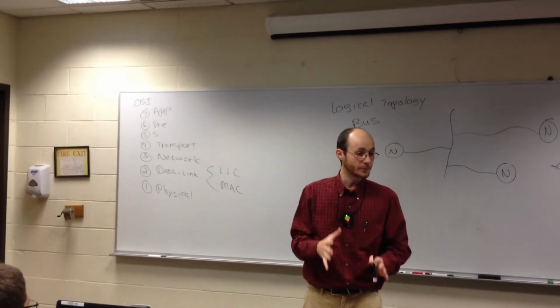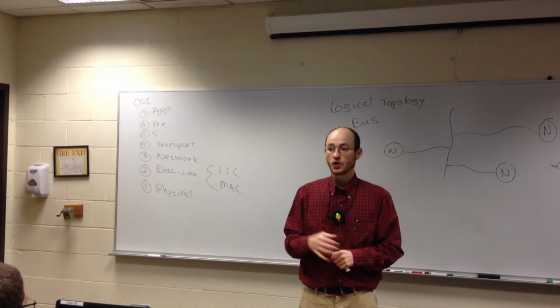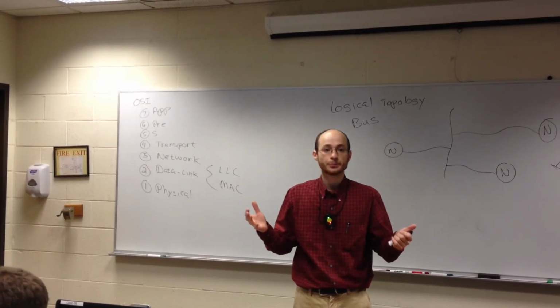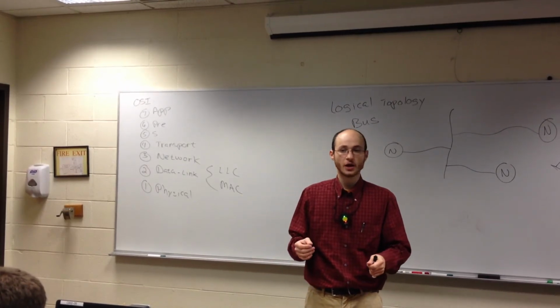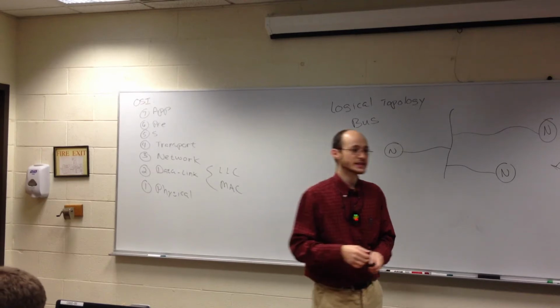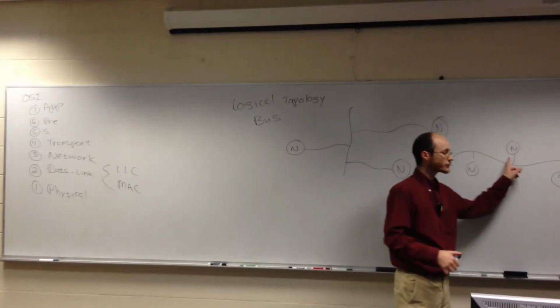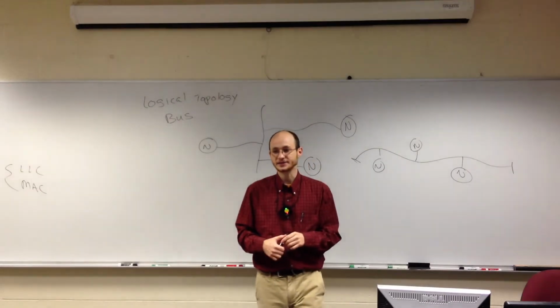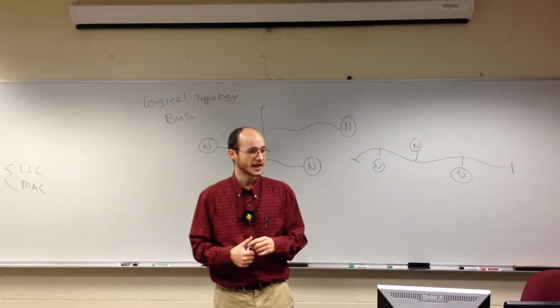You frame out the packets. The very first couple of bytes of that frame are going to consist of a machine address, a media access control address, a MAC address.